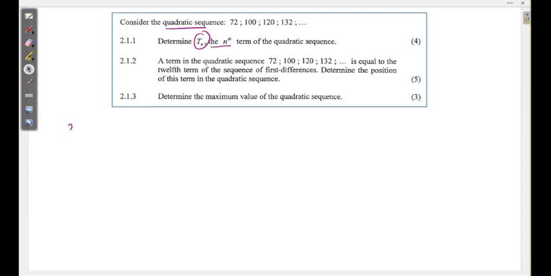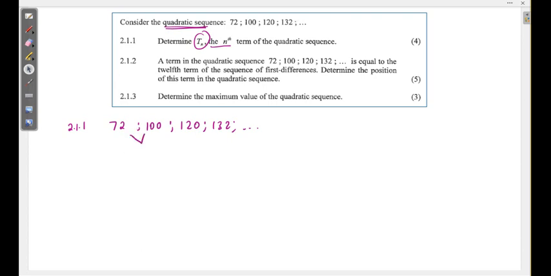So for 2.1.1, we have the sequence 72, 100, 120, 132, and luckily they already told us, so we know we are going to be looking for the second difference.